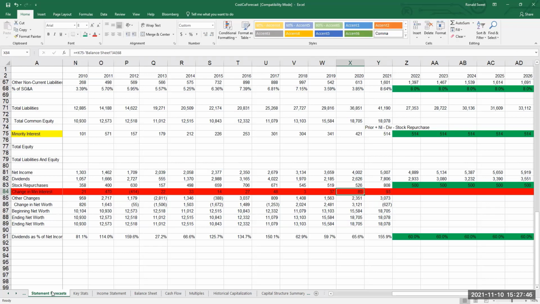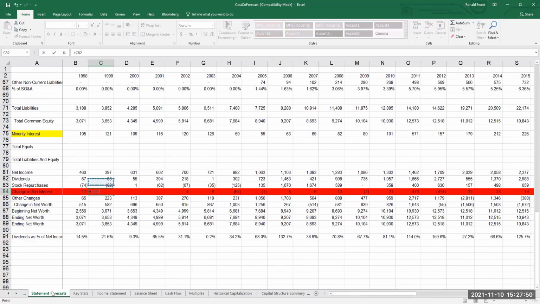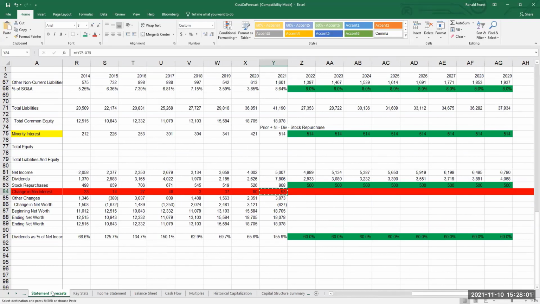I don't know why I did it like that, but this is just that minus that. So that minus 12, yeah, so that works. So we should be able to keep that going and we should just get all zeros. Y'all can see now why I did it at 514, just so it's all zeros. Other changes, let's see if that works.